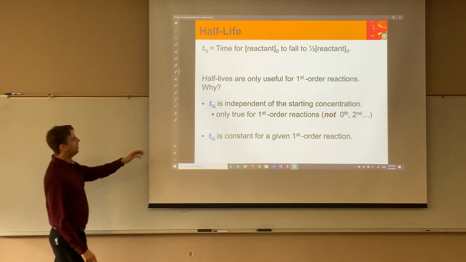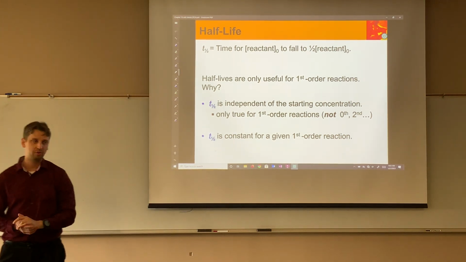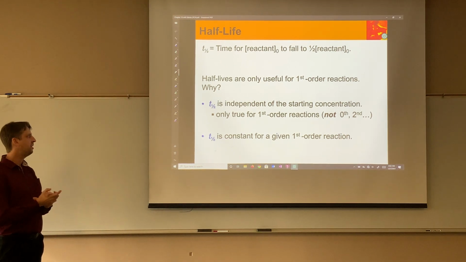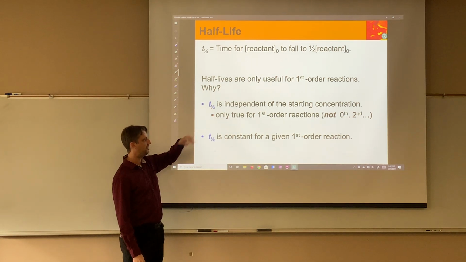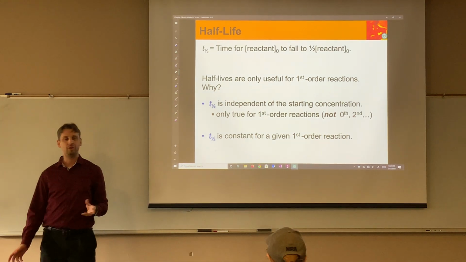This is important because it's going to simplify our math. Half-life is only useful for first order reactions, because then the time is dependent on the starting concentration, and this is a constant for first order.